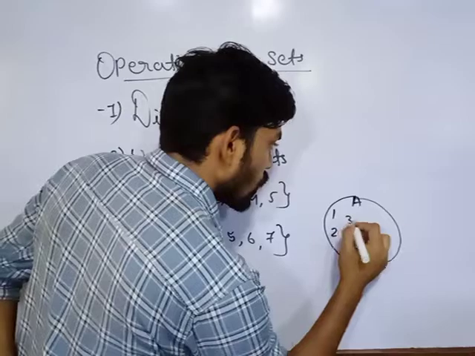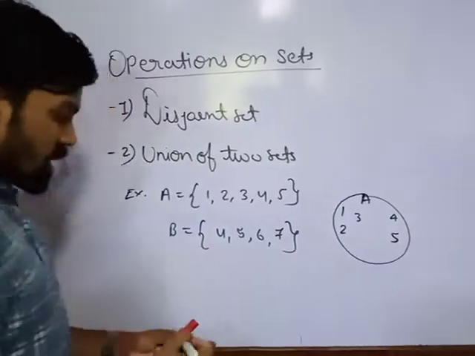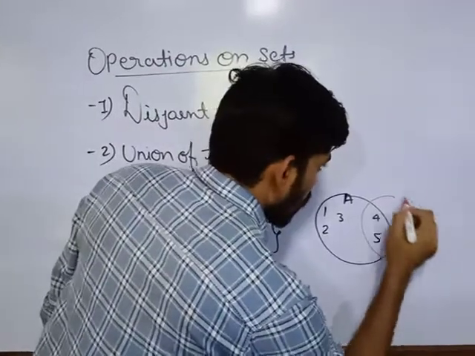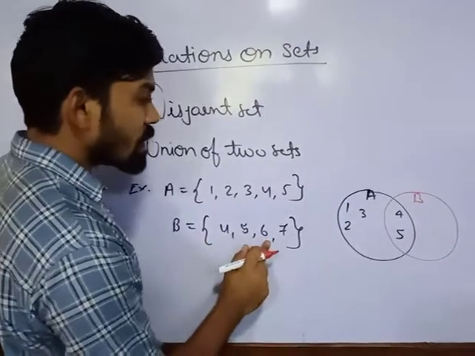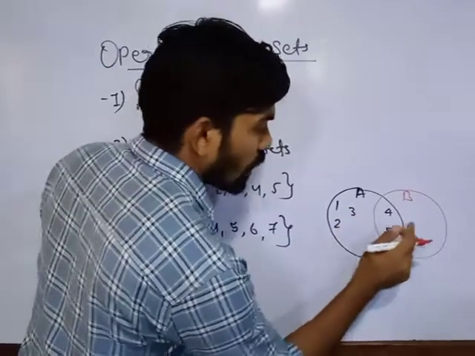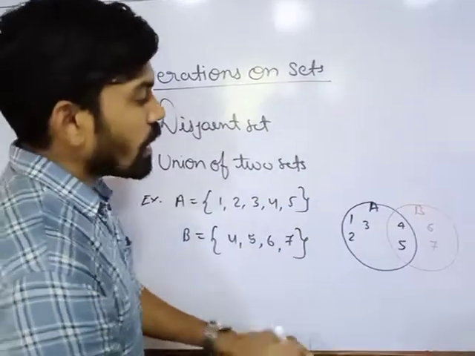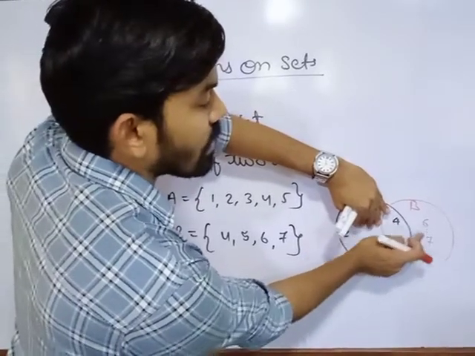The set B is given this way: in set B we have 4, 5, 6, 7. If we hide set A, we are able to see 4, 5, 6, 7.